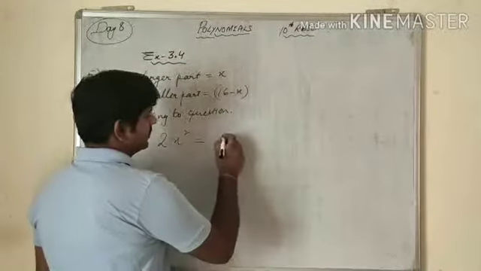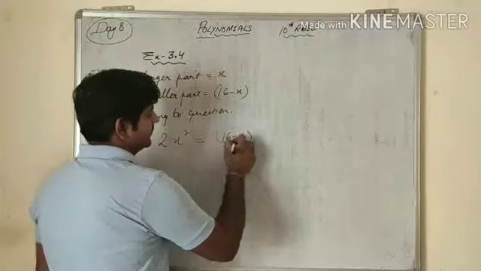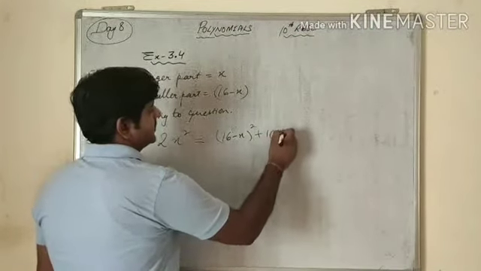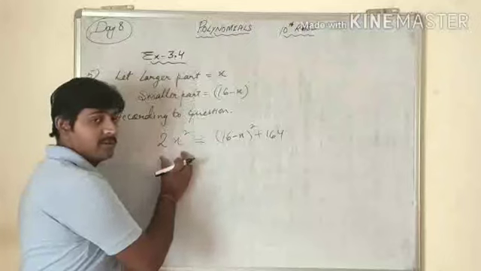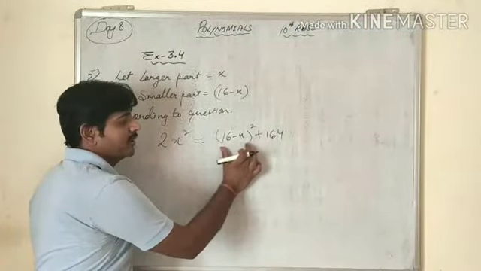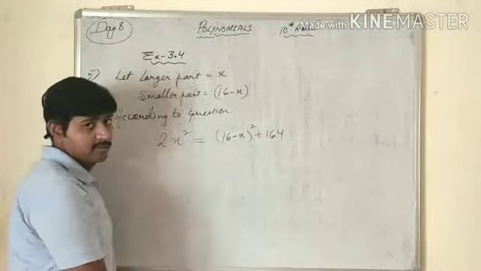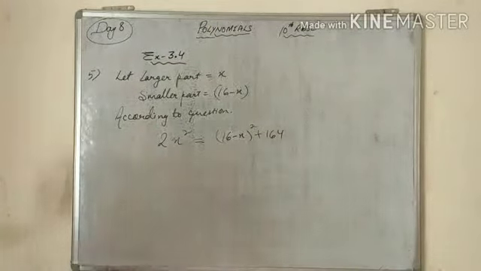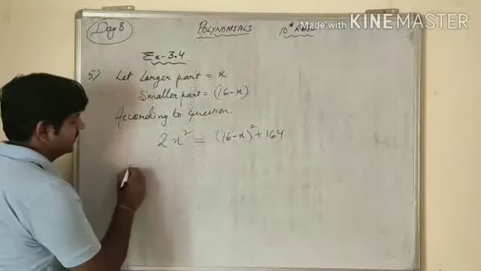We can write it like this also, otherwise we can write it like this. This portion is 164 more than the square of the smaller part. That information is given. Now we will form an equation. So it can be solved very easily.